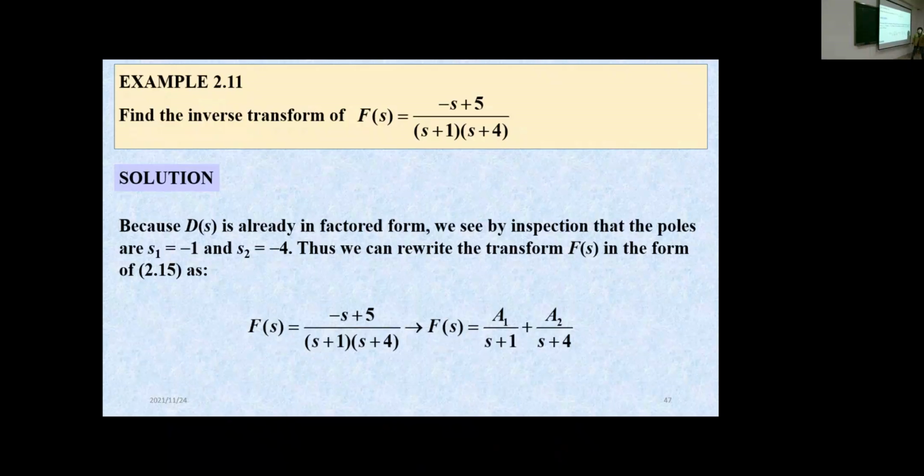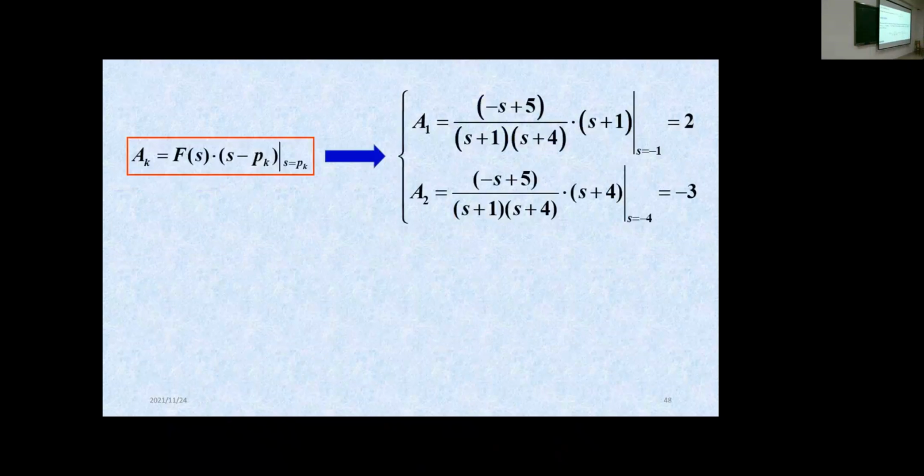And if we use the way from previously, we refer to this formula. Then a1 should be the whole F(s) times (s plus 1). This cancels, and we let s be -1.